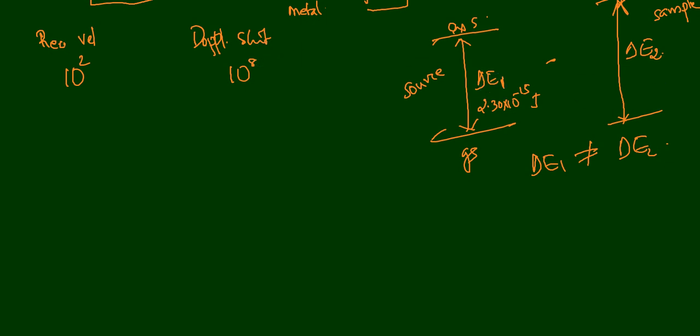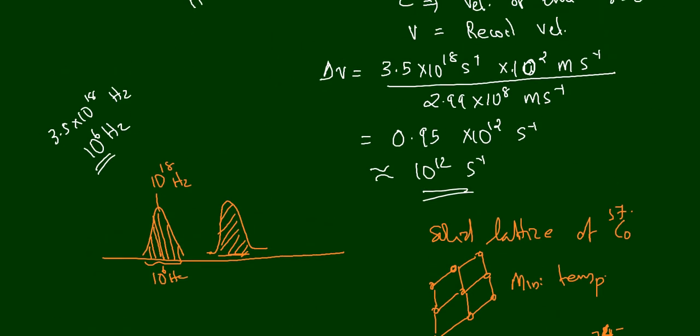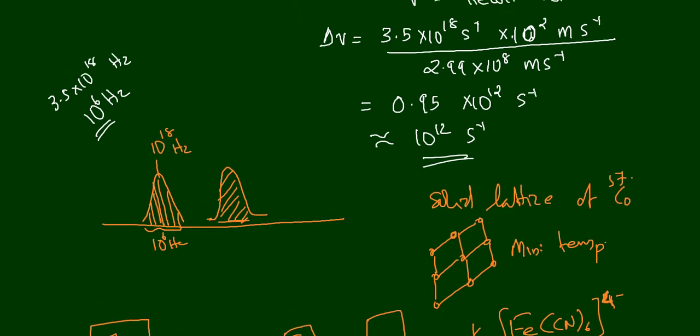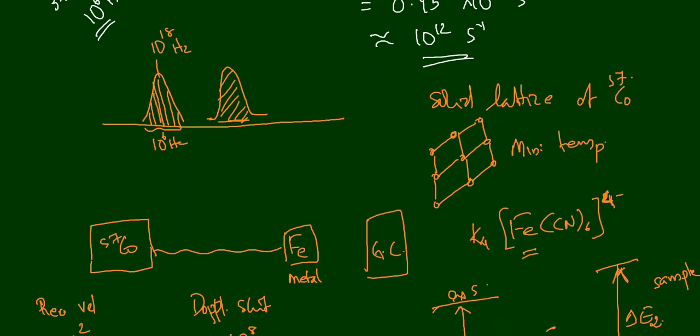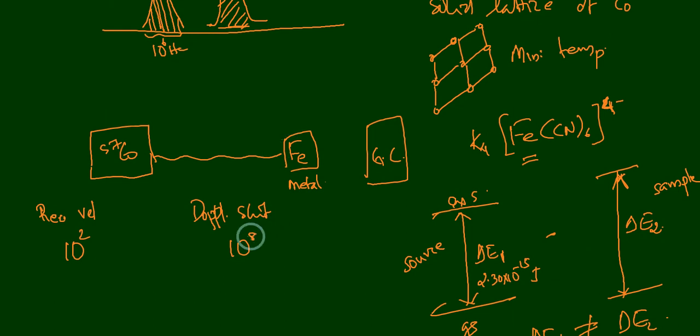We calculated it just above. Yeah, 10 raised to 12 hertz, not 10 raised to 8. This velocity of 10 raised to 2 meter per second can bring about a Doppler shift of 10 raised to 12 hertz.